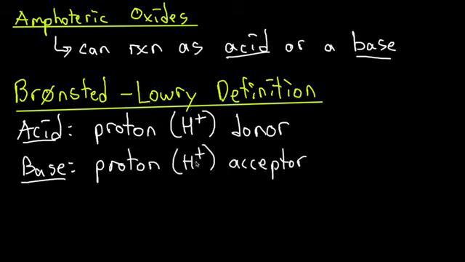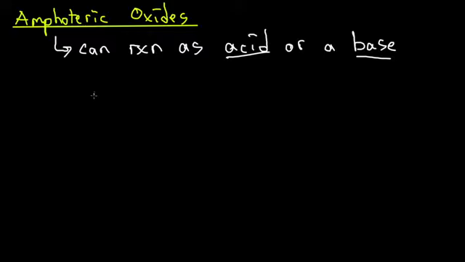Now that we know the two definitions, and these are the ones that are typically used to this day, we can now establish what an amphoteric oxide is, since it can be both an acid and a base. So, for example, if we have an acid, HCl, and water, in this case, the water will be in a situation where it will have to act like a base.